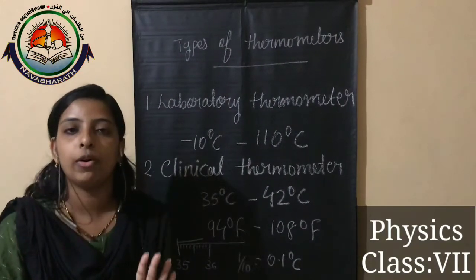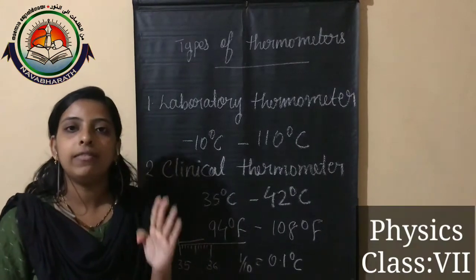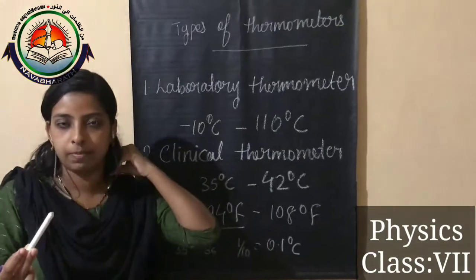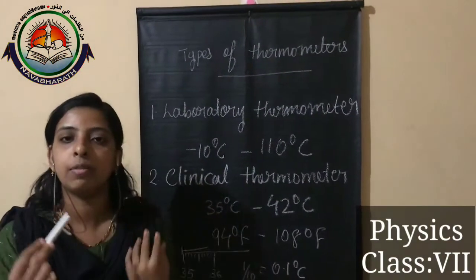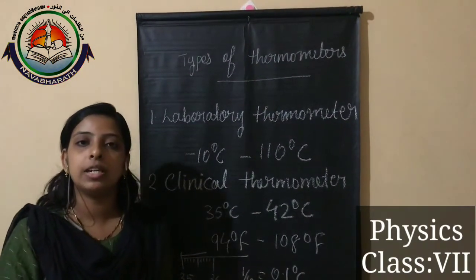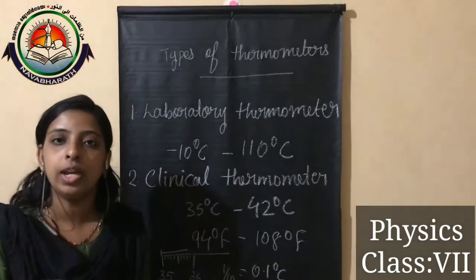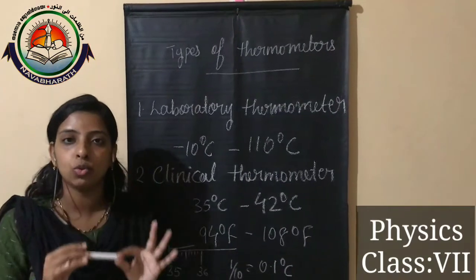And the fourth point is that normally we place it in the mouth of the patient, which means inside their mouth. How do we place it? We have to place it under the tongue for 2 minutes.